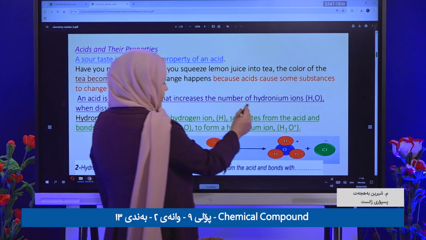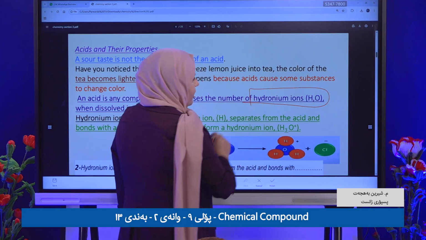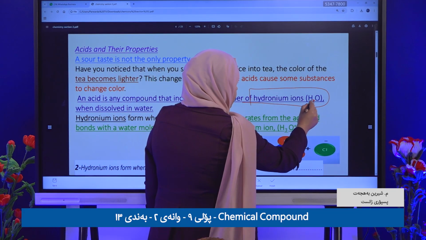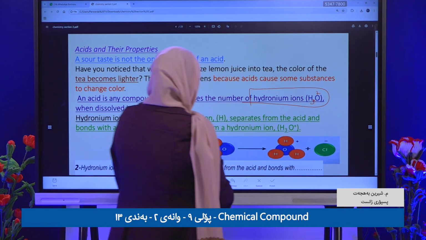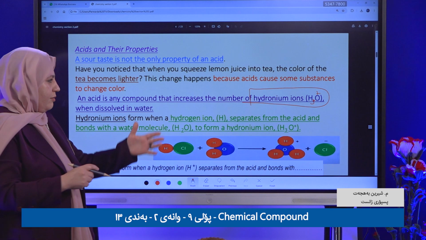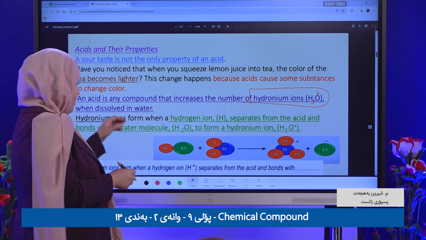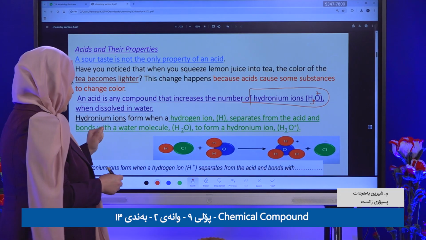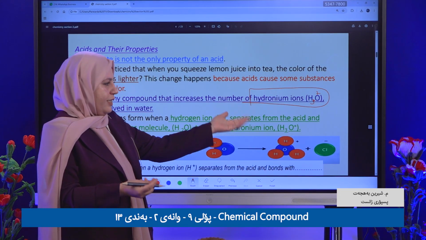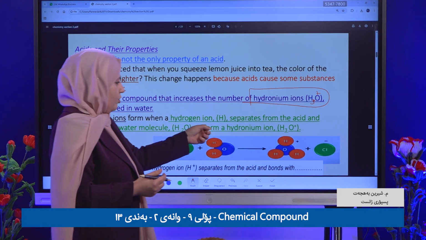Acid increases the number of hydronium ions, H3O+, when dissolved in water. When dissolved, a hydrogen ion separates from the acid and bonds with the H2O molecule to form hydronium.